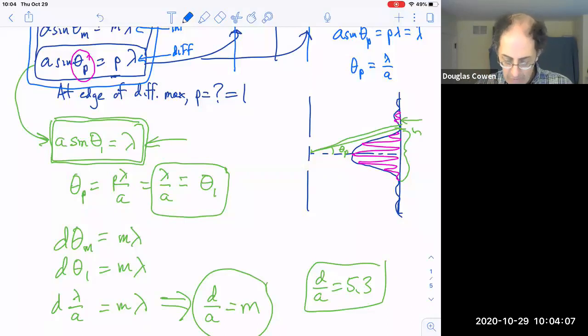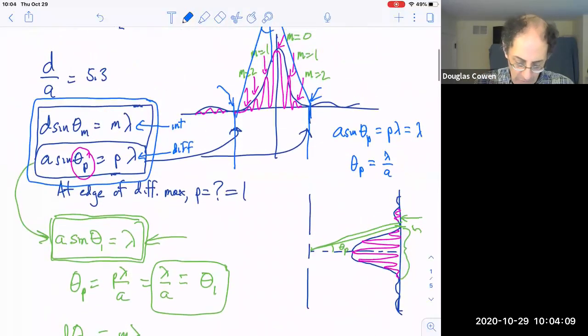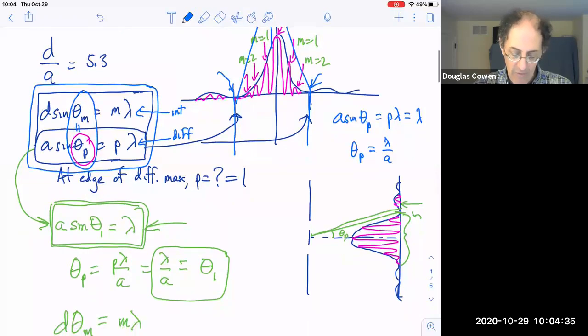Because what you'll do is you'll just say, okay, these two angles, theta m and theta p, are the same. Meaning that at that angle theta p, which is where the first diffraction minimum is, I want to know what order of the interference pattern reaches out that far an angle. And the way to figure that out is by setting these two equal to one another and then solving for m.